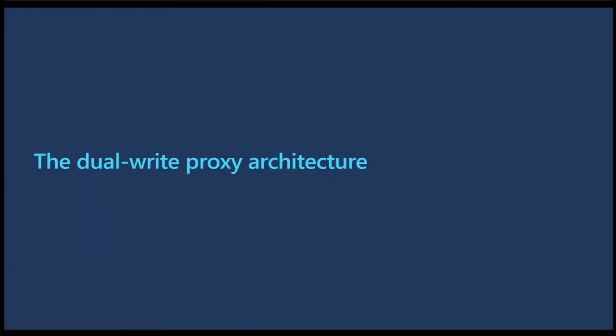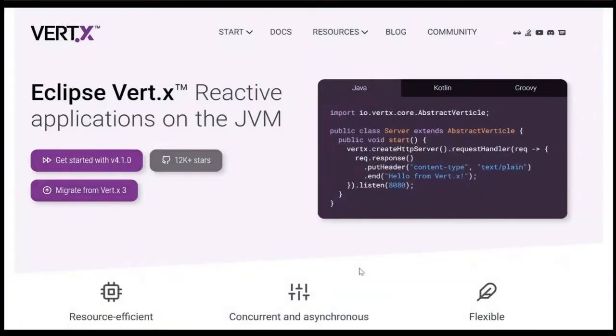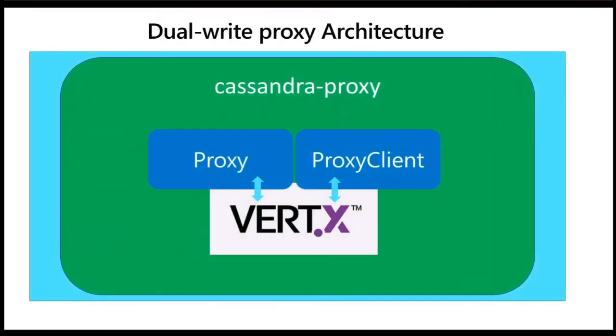So in terms of the DualWrite proxy itself and the way that it's built, it uses an open source framework called Vert.x, which is for reactive applications on the JVM, and for developing various things like proxies. What we have created is a piece of code that has a proxy class and a proxy client class.